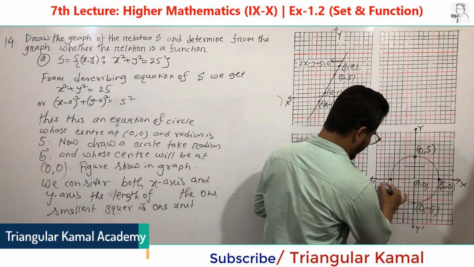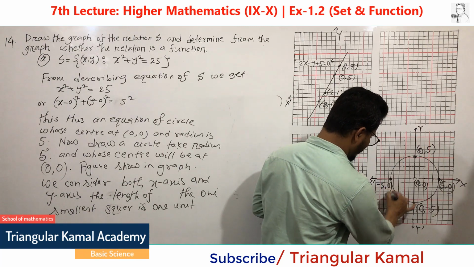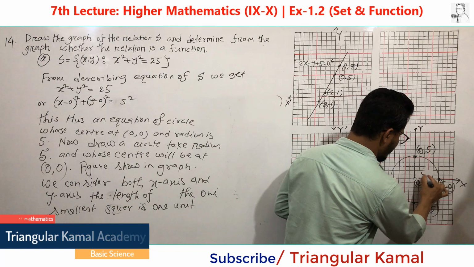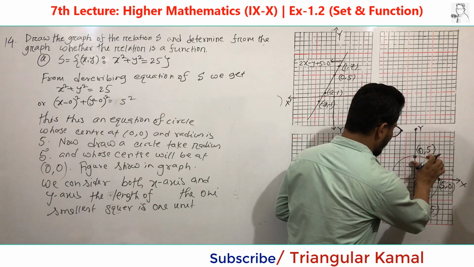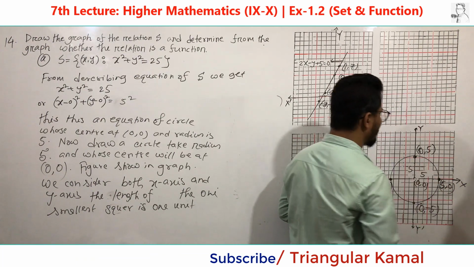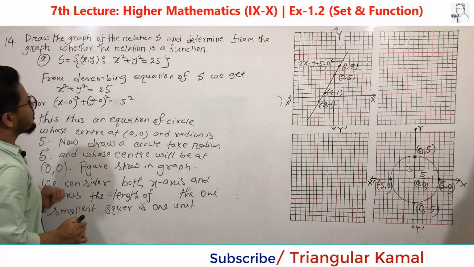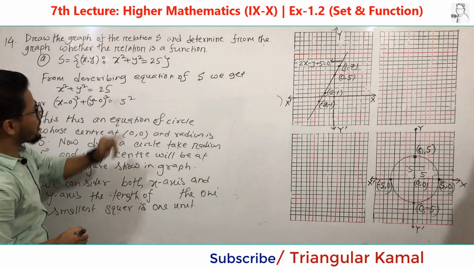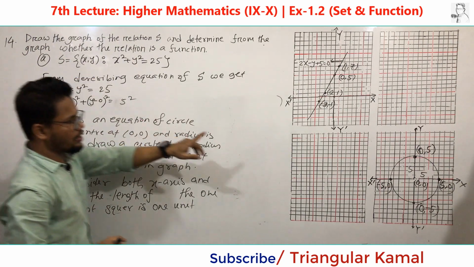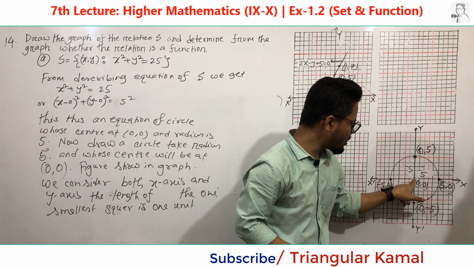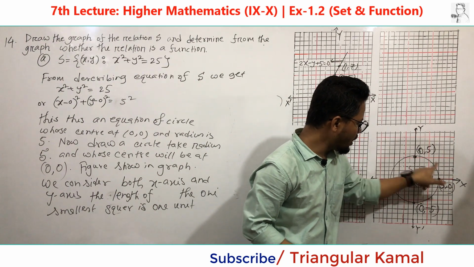And here the value of x is minus 5, value of y is 0. And the radius is 5. So we can write, left side or any side, the radius will be 5. So the first step, as per our requirement, is to draw the graph of the relation, taking the radius 5 units and the center as (0, 0), and draw a circle.